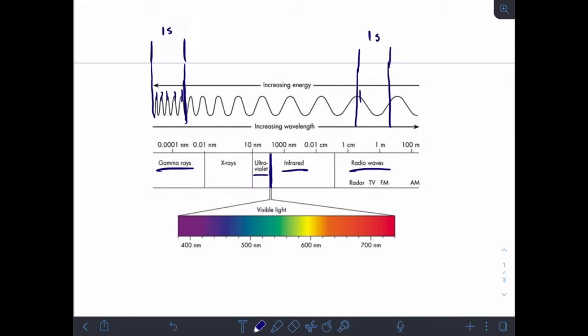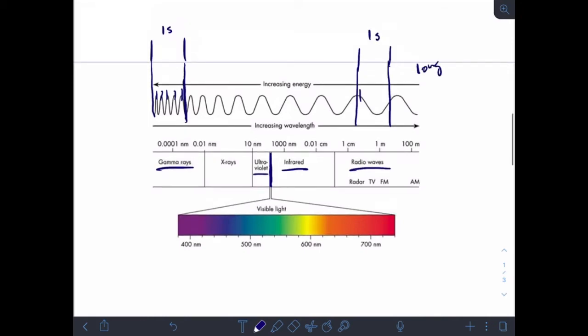So longer wavelength gives us a lower frequency. And over here on the left, shorter wavelength gives us a higher frequency. So, inversely proportional.